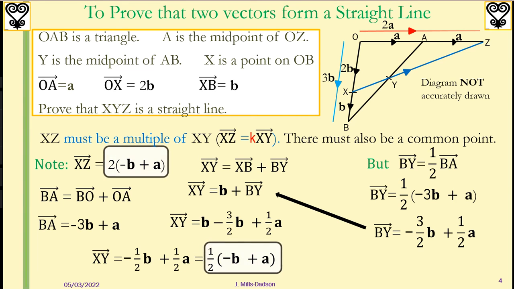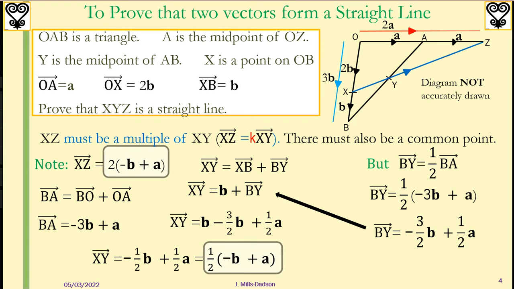So now we see that they are all multiples of negative B plus A. So therefore they are parallel. And the fact that they are parallel and they have a common point Y, therefore XY and XZ form a straight line, because first they are parallel to each other and XY lies underneath XZ, or XZ lies on top of XY.